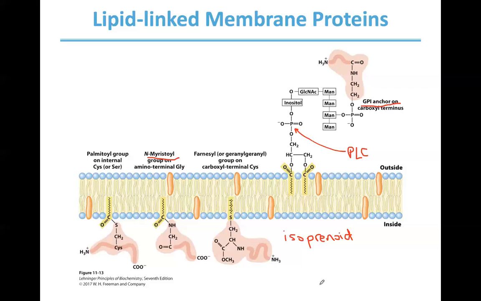It turns out that this isoprenoid or farnesyl attachment of proteins to the cell membrane is not only utilized by cancer cells, it's also utilized by normal cells. And so all these drugs are just too toxic. They don't differentiate between normal cells and cancer cells, unfortunately.